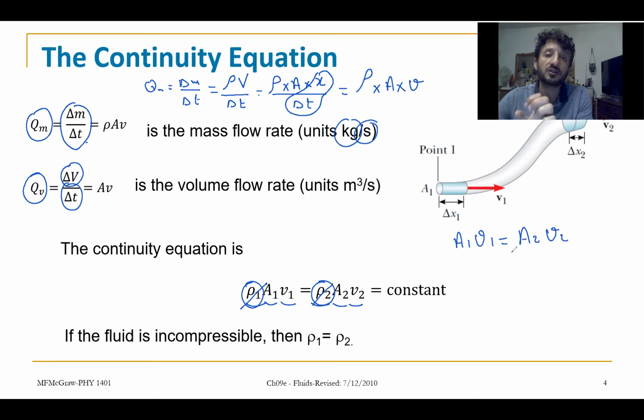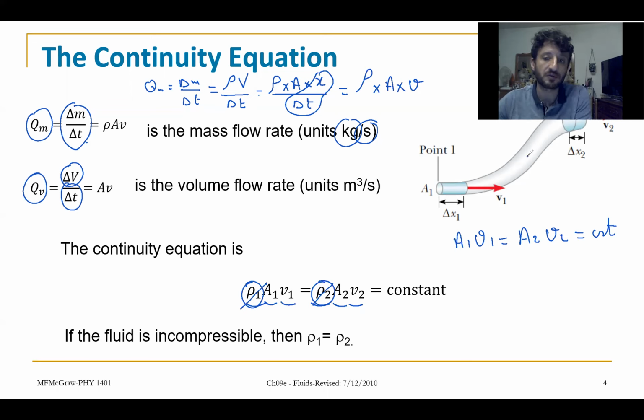This is the continuity equation, where we calculate V1 in function of V2. So if you take any 2 points inside the tube, A1 V1 equals A2 V2. Okay, this is a constant value for any point.